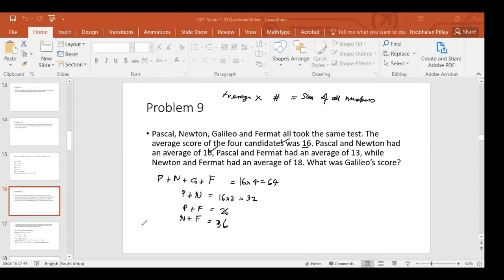So let's add on both sides. The reason why I say add is, if I look at all those three simultaneously, I've got two P's, two N's, and two F's. So that will simplify quite nicely, because you get 2P plus 2N plus 2F is the sum of these three numbers, 32, 36, which is 68, plus 26, that is 94.